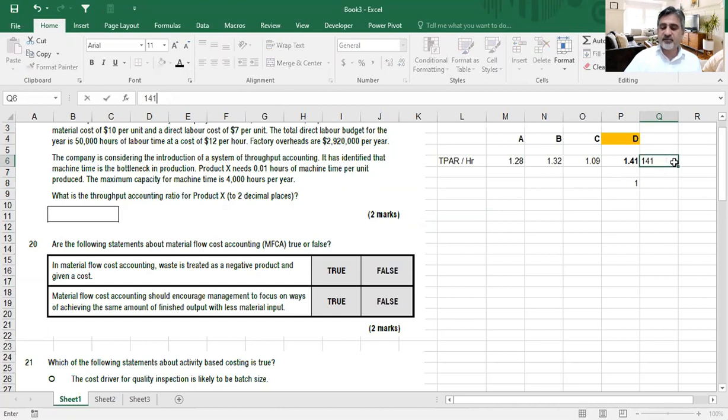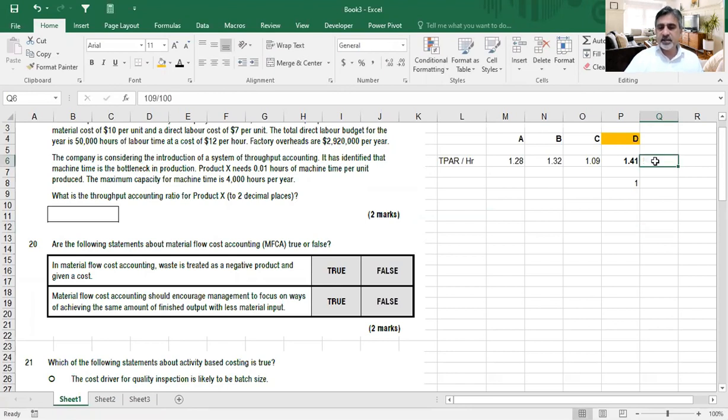So the ratio is 141 to 100. For every $100 spent, you make $141 contribution, okay? And similarly, 1.09 means that your contribution is 9% more than your cost, which means that you get 109 after spending 100.